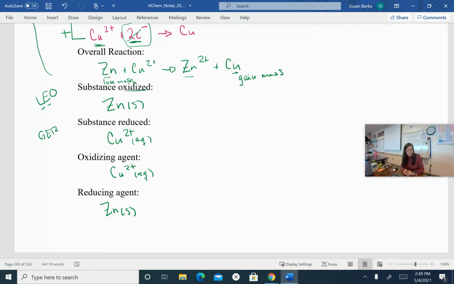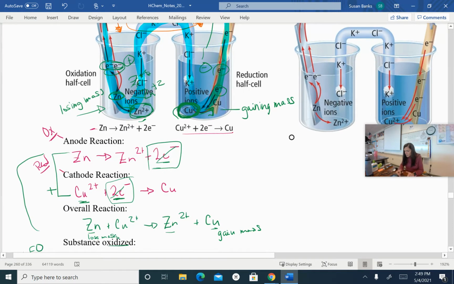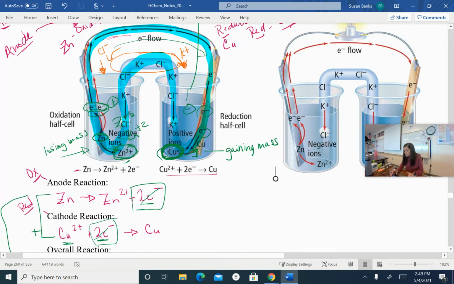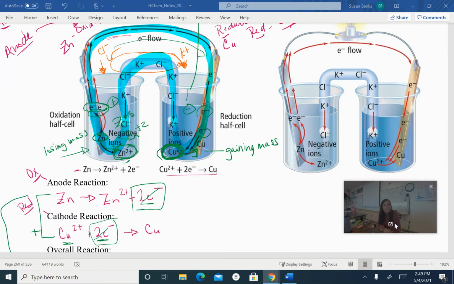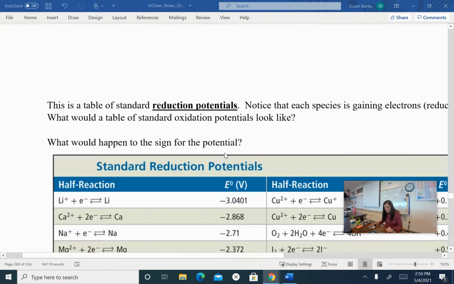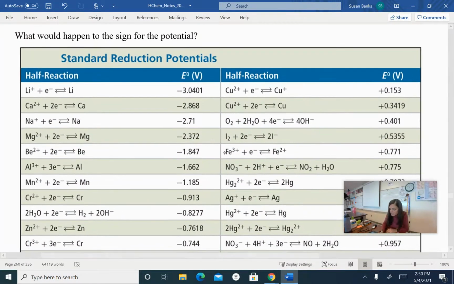Okay? So we will look and see what the value of this cell will be. In order to see how many volts we could get off of this cell, we're going to have to look at the standard potential. So here we go. We have this standard potential table, and these are reduction potentials. And remember, the zinc got oxidized, so we're going to have to flip the reaction with the zinc.